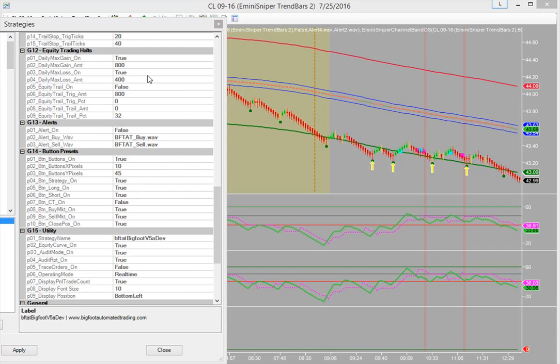And then lower down, these are for our buttons. So our buttons, I have my counter trend off, so that's why it's going to remain grayed out even if I click it on screen. And then I've got my operating mode real time, so if you want to see trades in the past, just turn that to backtest, or if you want to take future trades, then turn that to real time.